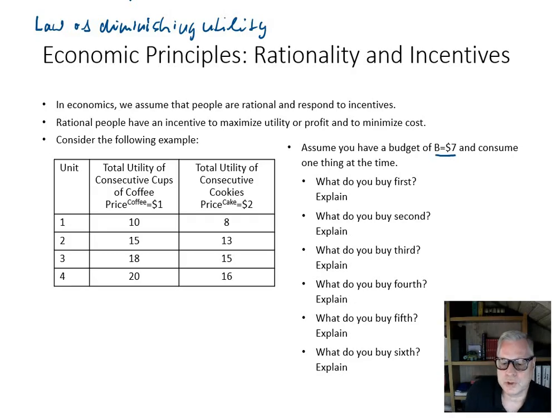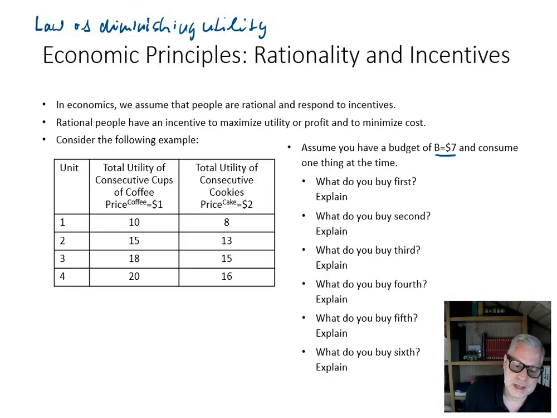So then what you will do is you will say, how much extra utility do I get per dollar spent? So now if you have a first coffee, you get a utility that you value at 10, but you have to pay only 1. So your utility would go up from 0 to 10.